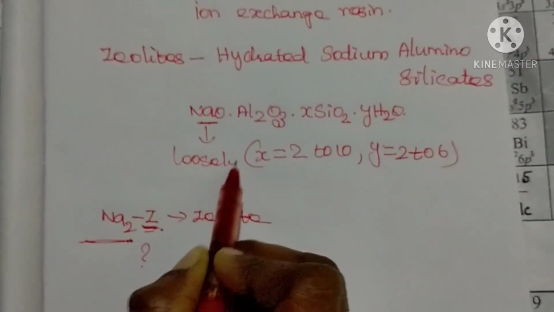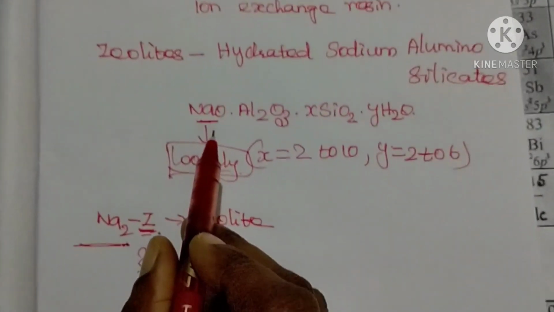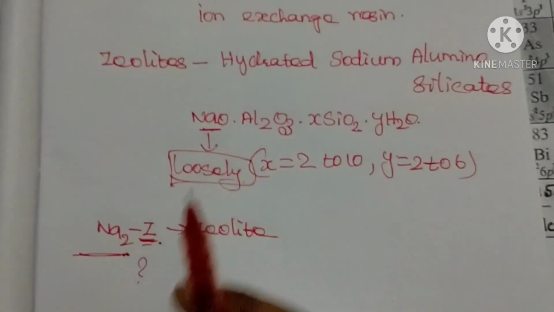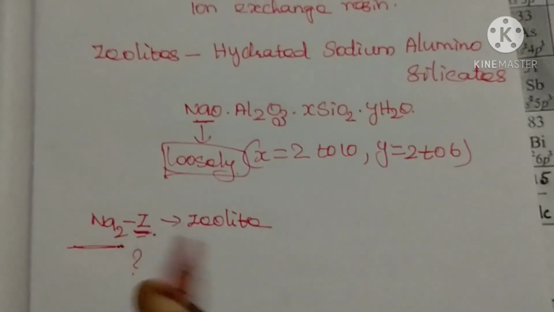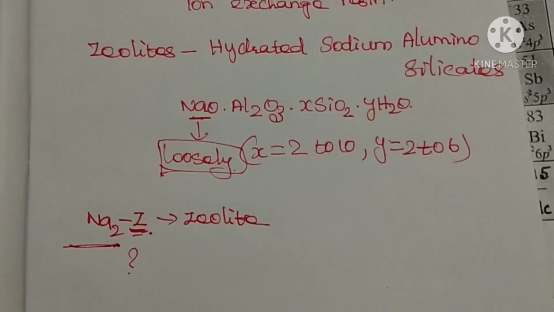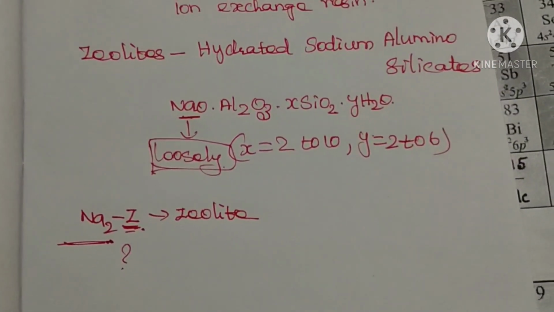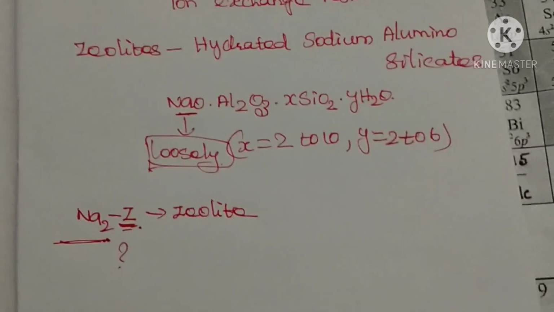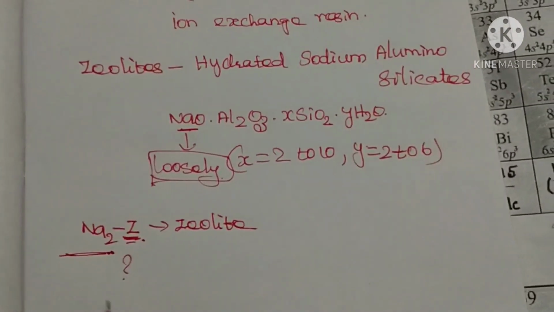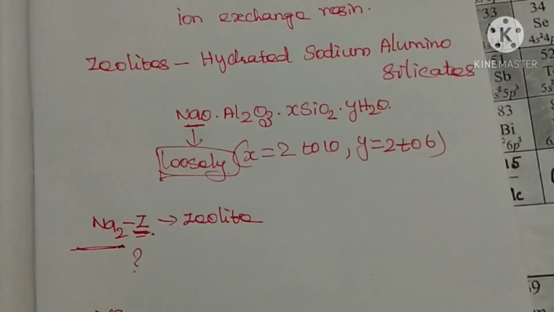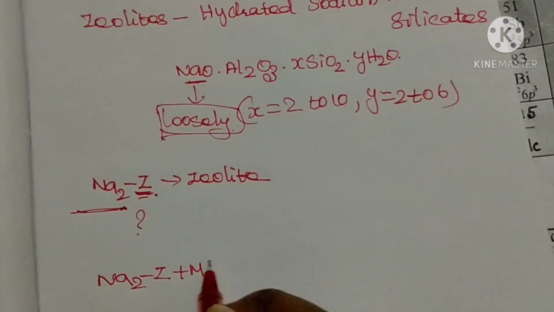Here we write Na2Z because this sodium is loosely bound, so it is easily removed. We write Na2 as separate, and Z denotes the remaining compound in the zeolite. So sodium is used to remove the metal from the water.